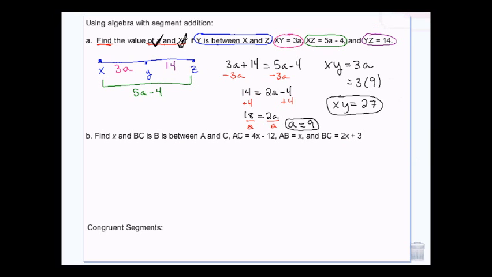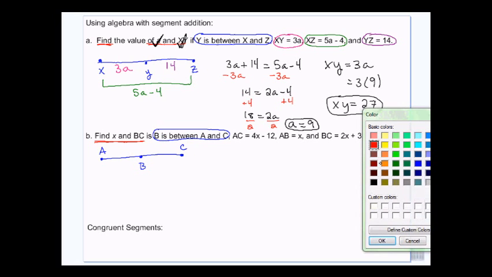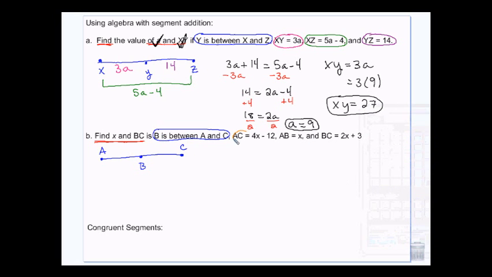Now, let's look at this next one. We're finding x and BC. Terrible underlining. Okay. B is between A and C. So I'm going to draw that. AC is 4x minus 12, so that's the whole thing.